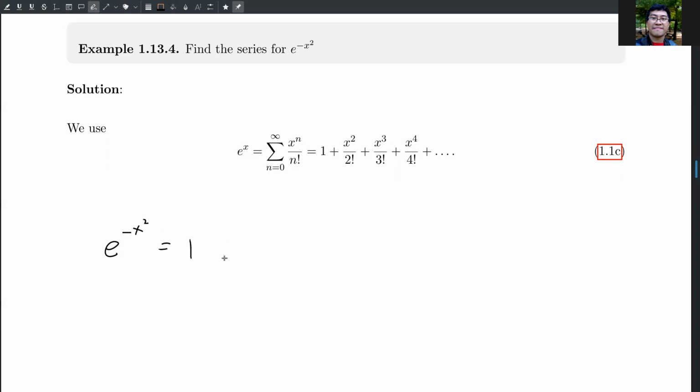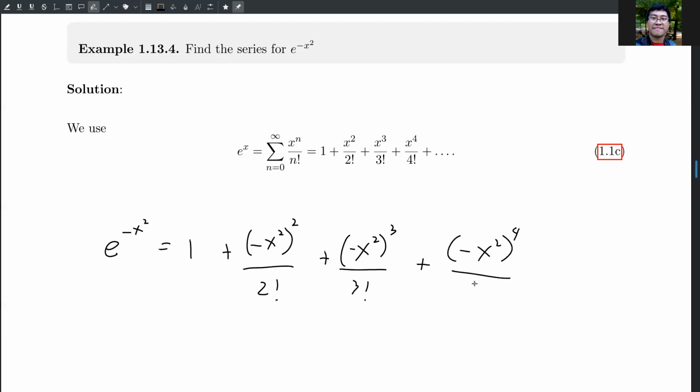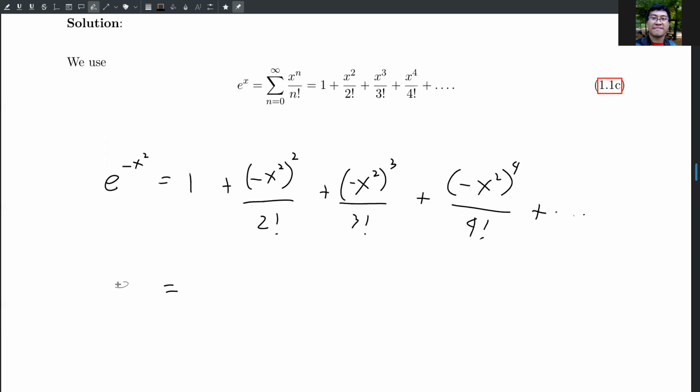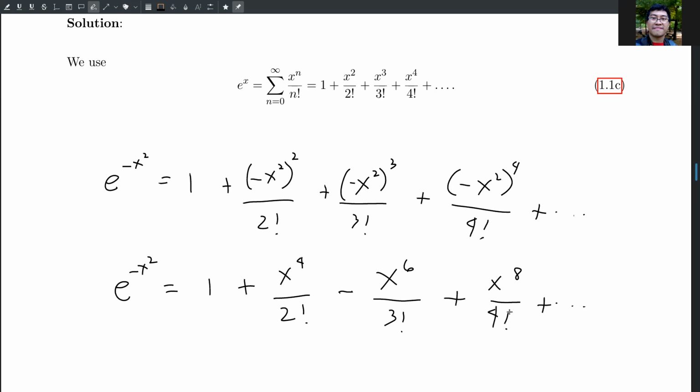So we have 1 plus negative x squared, plus negative x squared squared over 2 factorial, plus negative x squared to the power of 3 over 3 factorial, plus negative x squared to the power of 4 over 4 factorial, and so on. Or we can write e to the minus x squared as 1 minus x squared plus x^4 over 2 factorial minus x^6 over 3 factorial plus x^8 over 4 factorial, and so on.